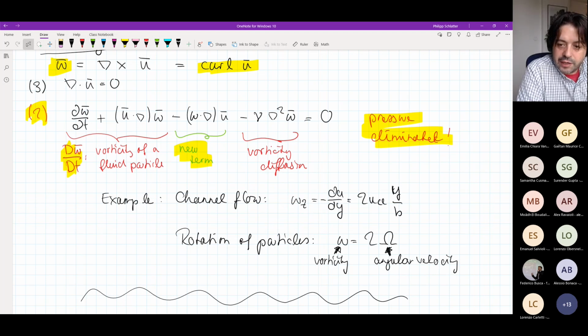And the relation is simple, it's linear with a factor of 2. So omega, the vorticity, is 2 times the big omega, the angular velocity. So this factor of 2 comes from the definition of the vorticity, and people have chosen to have it in that way.